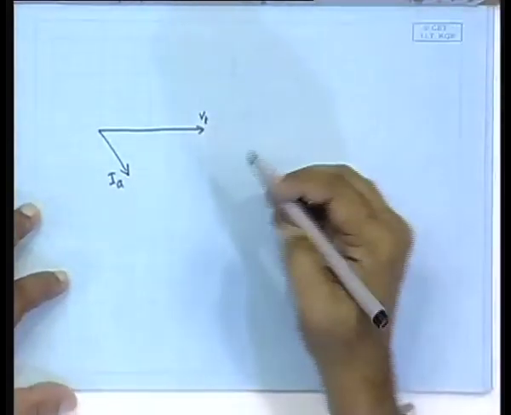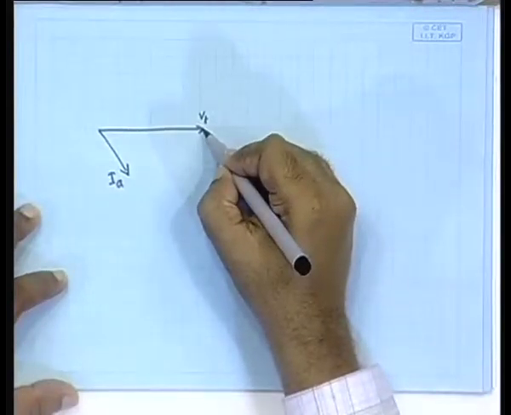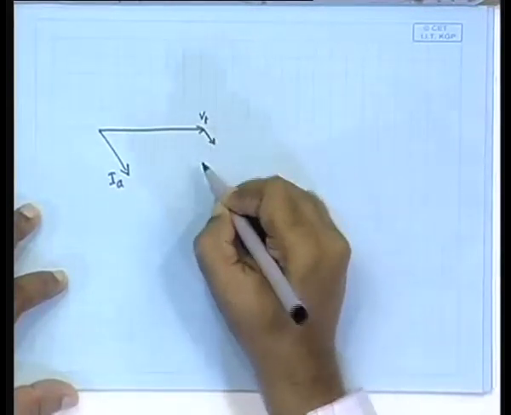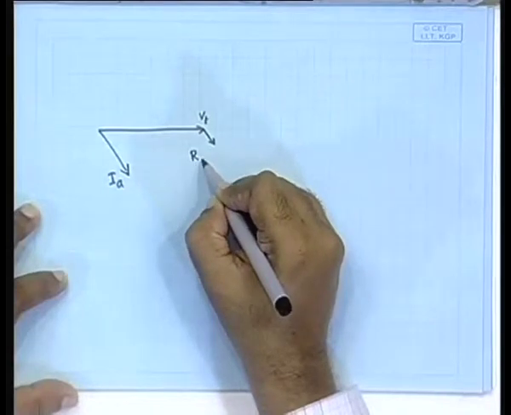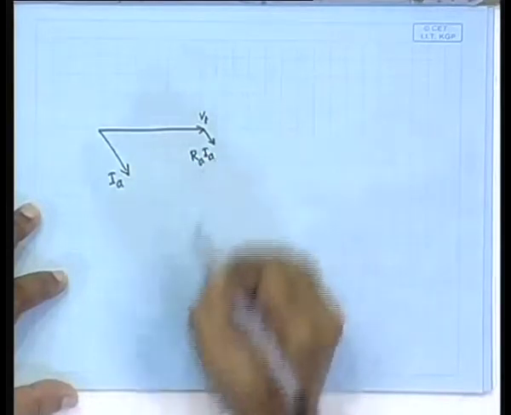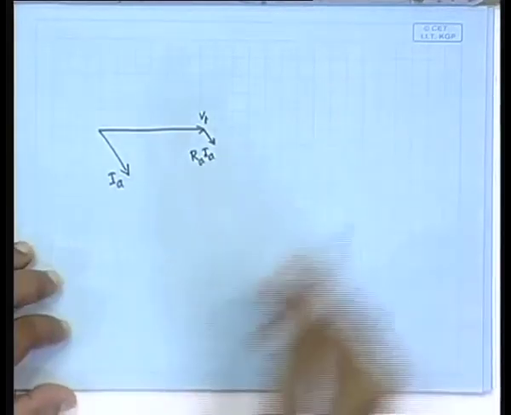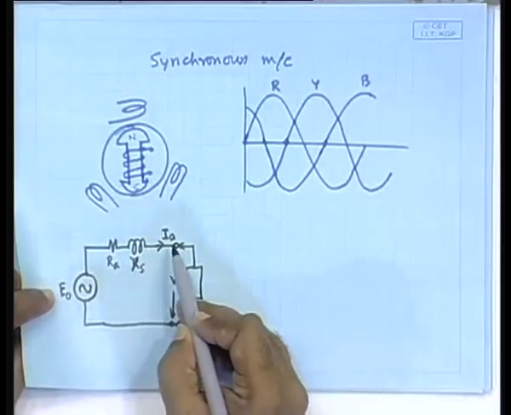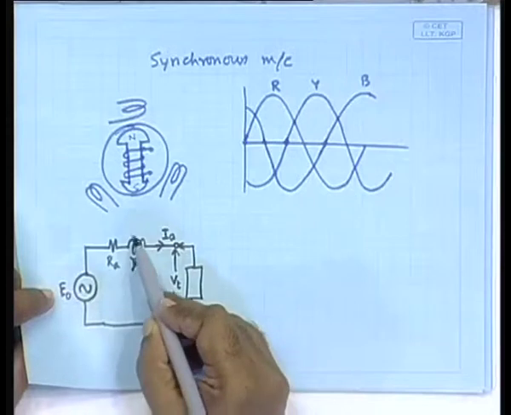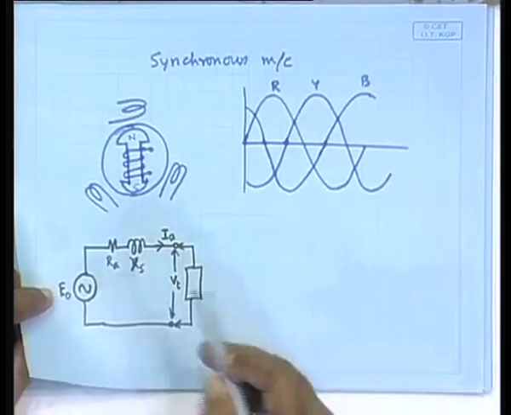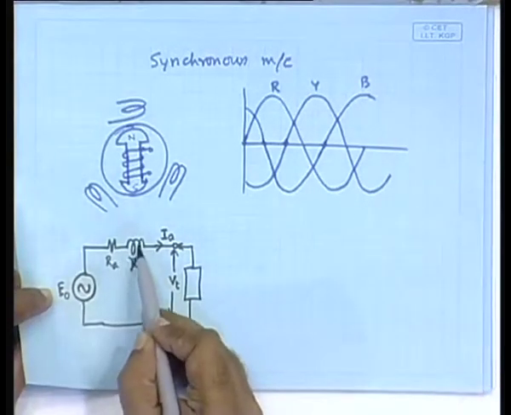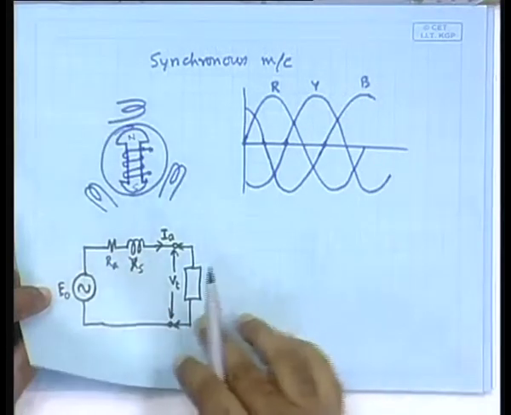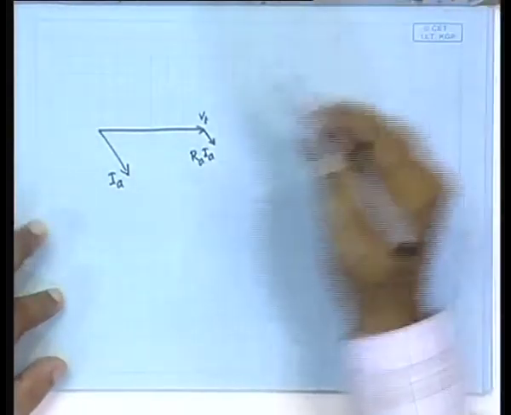Let us do it graphically. So, there will be an R A I A drop, and there will be another drop, that is I A X S. Now, this drop will be orthogonal, perpendicular to this drop vectorially. So, you will draw it like this.